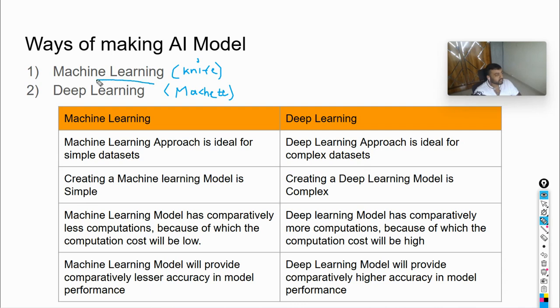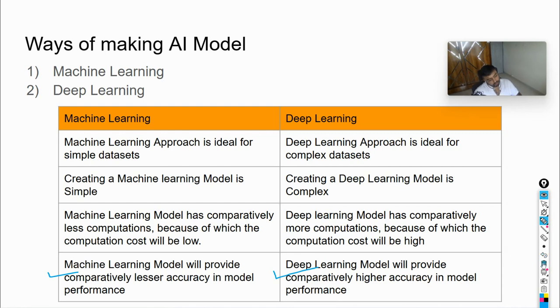Similarly, guys, if you try to create a AI model using deep learning approach, it will give you higher performance or higher accuracy in terms of predictions as compared to a machine learning approach. I repeat myself, if we try to create a AI model using deep learning approach, that AI model will have better accuracy in terms of making predictions. Okay, whereas on the same exact data, if we try to create a AI model using machine learning approach, it will have comparatively less accuracy in terms of making predictions.